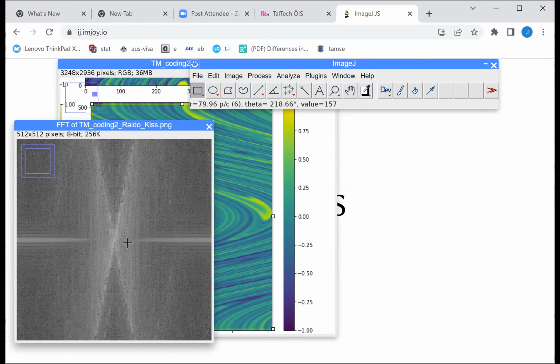So horizontal axis is kx, wave vector in x direction, and vertical is ky direction. And what we now need to do is to calculate the total of all these squared values of all these pixels here inside this.